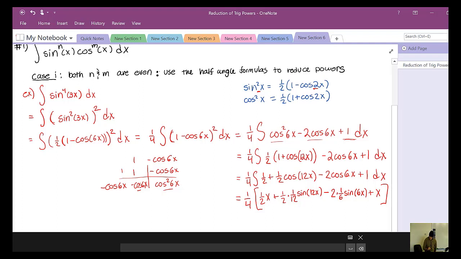And if we just want to simplify the algebra a bit, that becomes 1/2 x plus 1 over 24 sine 12x minus 1/3 sine 6x plus x.